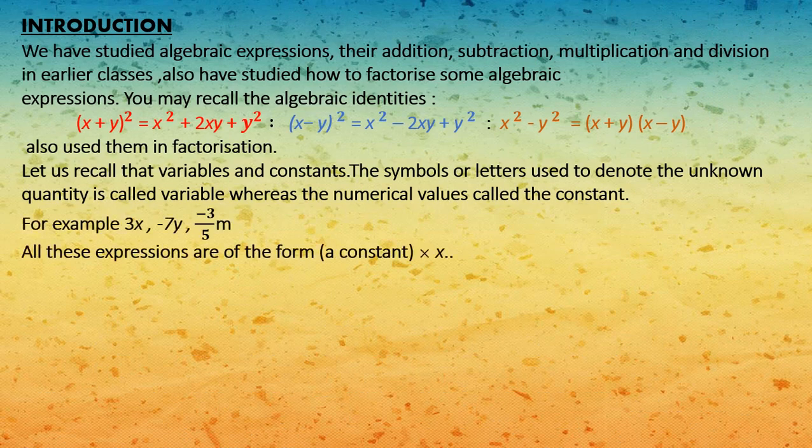Suppose 3x is written, or minus 7y, or minus 3 upon 5m is written. In all these examples we are saying that these are expressions, as we have studied in earlier classes, that expressions are formed as a constant multiplied by a variable. So suppose it is x, so a constant multiplied by x.